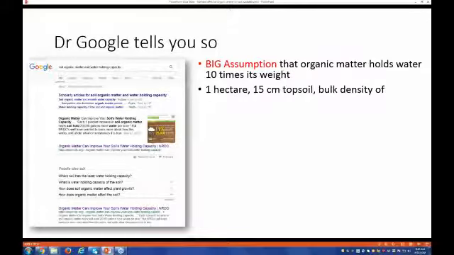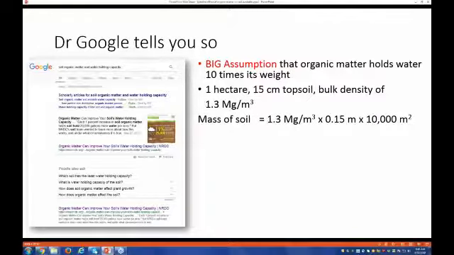So it assumes that 1 hectare has a 15 centimeter topsoil, the top 15 centimeter soil, and a bulk density of 1.3 tons per meter cube. And the mass of the soil within that hectare, the topsoil, is 1.3 times 15 centimeters times 1 hectare, and that's 1,950 tons per hectare.